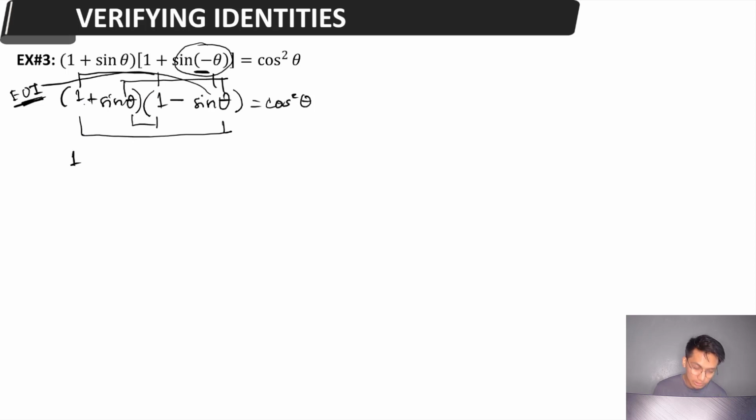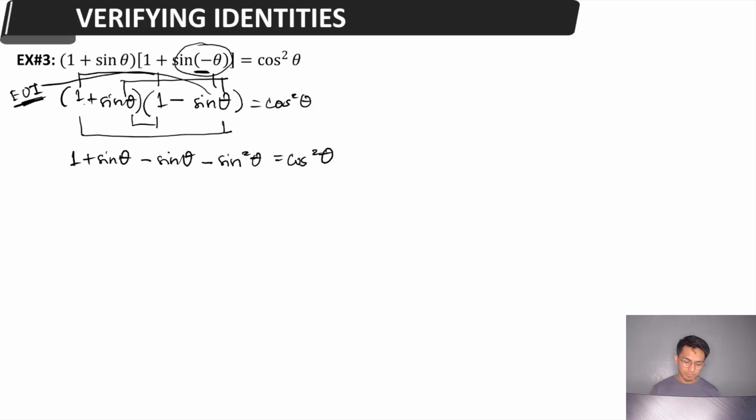Sine times 1 is equal to positive sine theta. And 1 times negative sine theta is negative sine theta. And positive sine theta times negative sine theta is negative sine squared theta. Ito yun. Is equal to cosine squared theta.